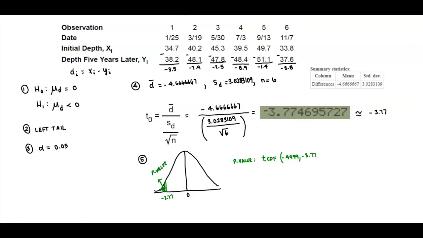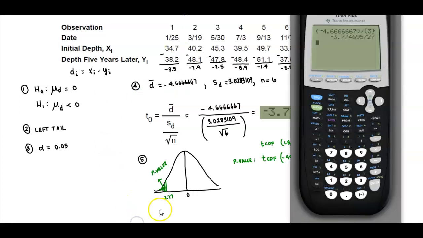And recall that whenever we want to use TCDF, we have lower bound, upper bound, and then the degrees of freedom. So the degrees of freedom is n minus 1. The sample size is 6, so 6 minus 1 is equal to 5. So therefore, this is what we're going to plug into our calculator to find the p-value.